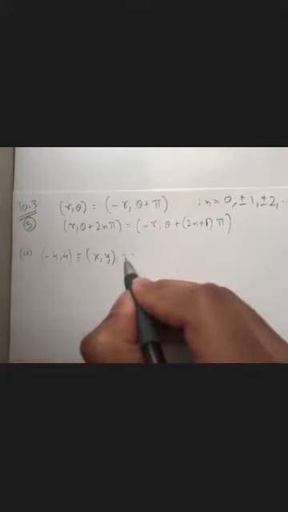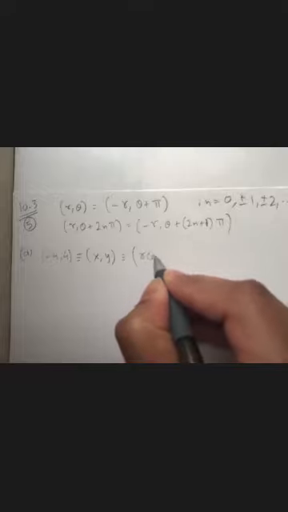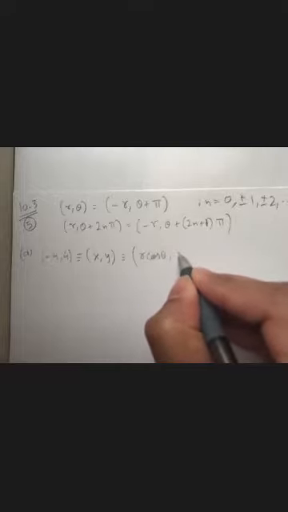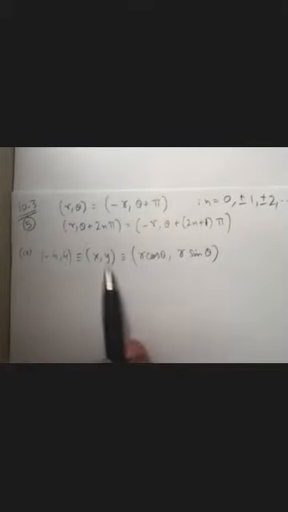And the relationship is x is r cos theta and y is r sine theta. So this is an important relation that you have to remember, that x is r cos theta and y is r sine theta.